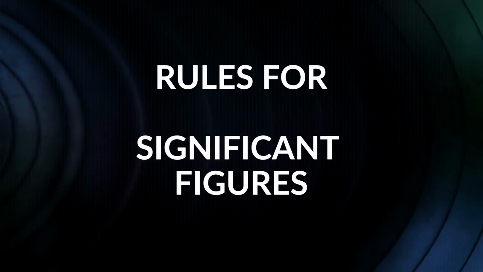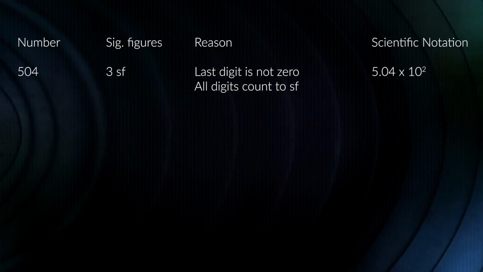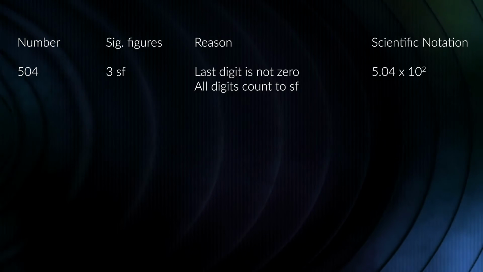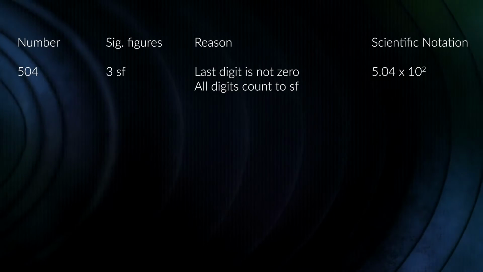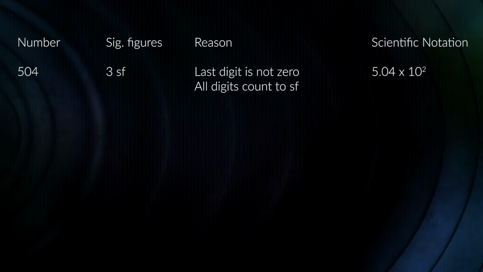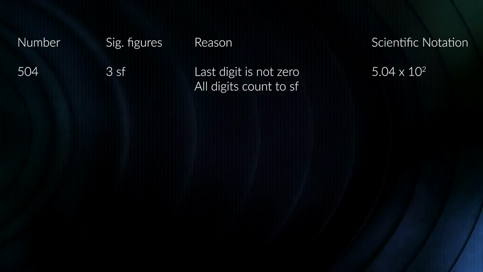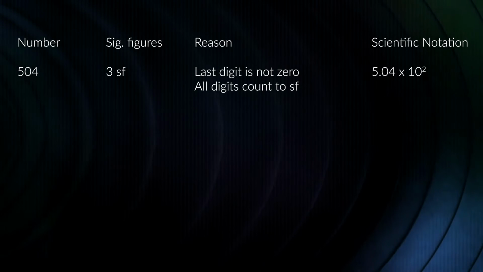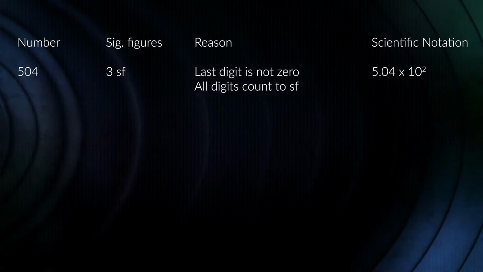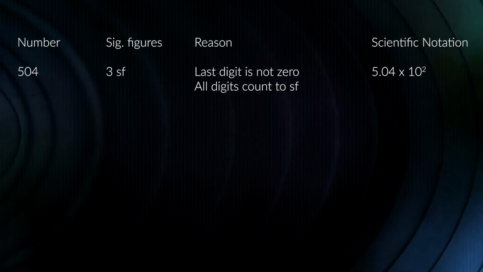So there are certain rules to what makes significant figures significant. The first number is 504. You can see that the number of significant figures is three. The reason is that in an integer, all the digits count as long as the last digit is not 0. In this case, the last digit is not 0, so in 504, all three digits count. So this would be three significant figures.